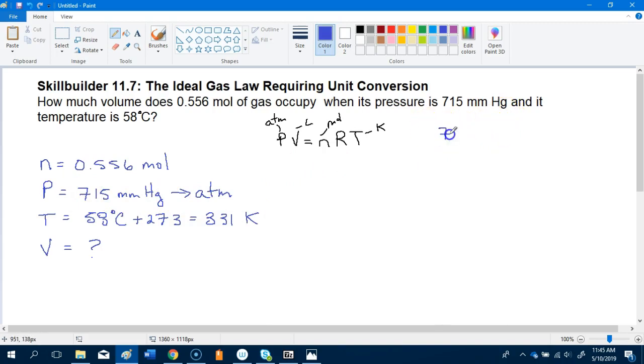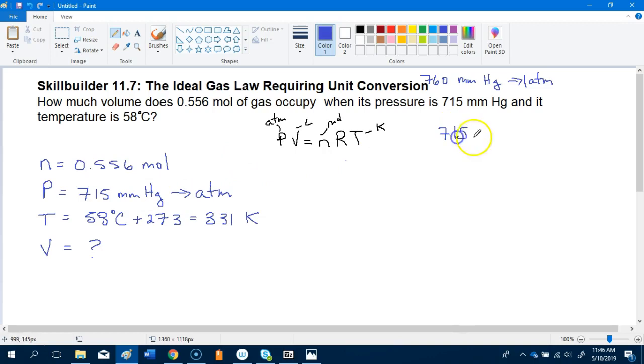If I want to convert from millimeters of mercury to atmospheres, I remember that 1 atmosphere is equal to 760 millimeters of mercury, and that's from our constants table. So you'd have to look back, find out how many millimeters of mercury are equal to 1 atmosphere, and then you can use that in your conversion.